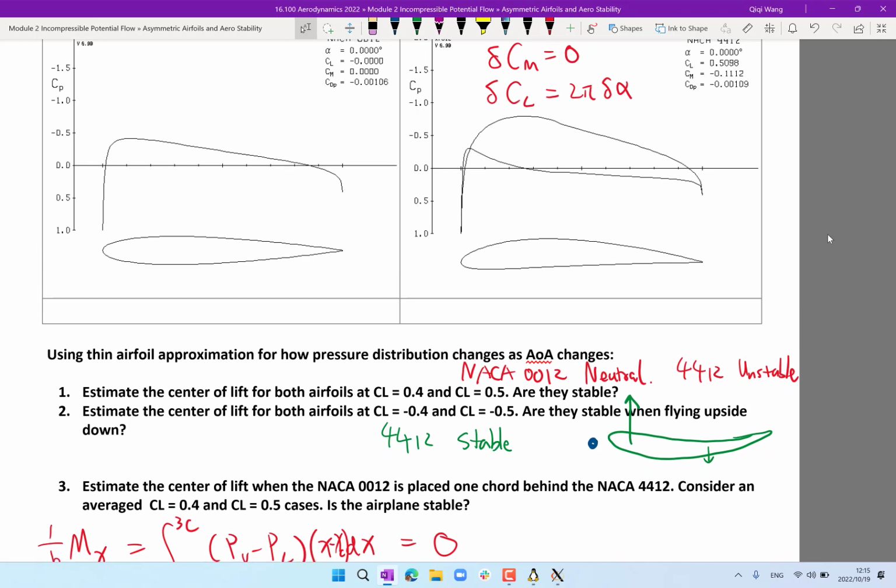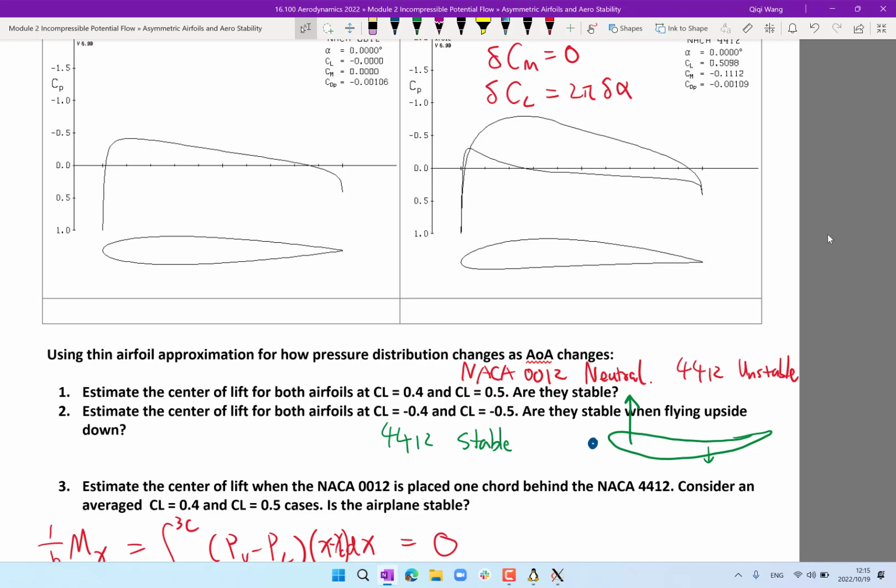How can we get from these numbers, right? If we know at 0 degrees angle of attack, the lift is 0 for this one, and the lift is 0.51 for this airfoil, how do we get, by the way, what is the average, the lift at 0 degrees angle of attack? Right, just a half of this number, right?